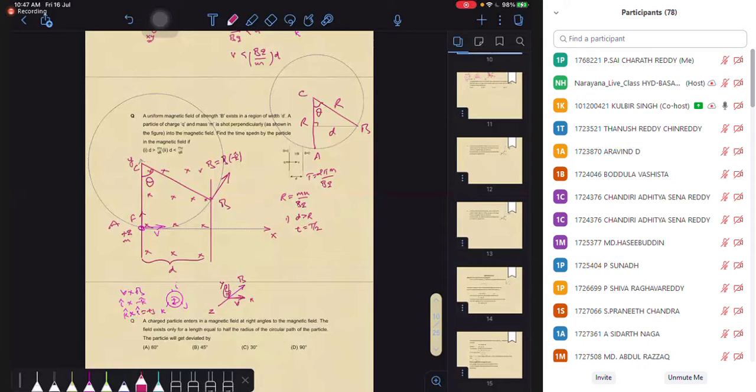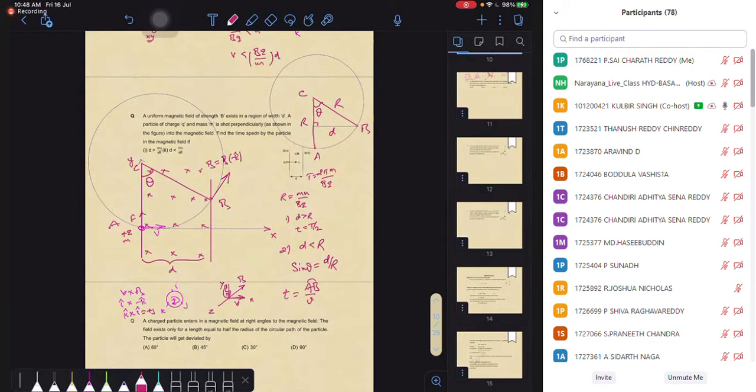It is making a right triangle. So in this right triangle, we can find theta. For the second situation, if your D is smaller than radius, the angle subtended is given by sine theta equals D by R. So timing is the arc covered, AB arc, divided by speed.